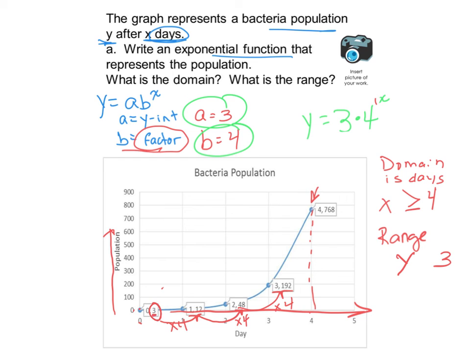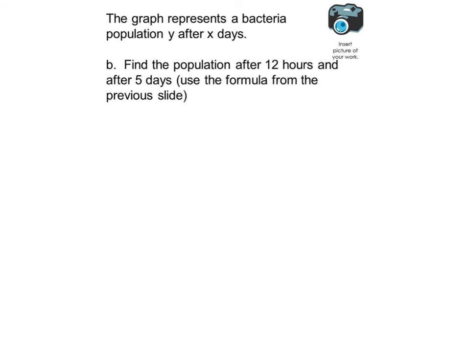So I see it is 3. So y is greater than or equal to 3. Your range is population. Population has to be greater than 0. And then I looked over here at 0 days. You start with 3. So y is greater than or equal to 3. Okay. So hopefully you understand why you have that as your domain and range. And that is not a 1 in front of it. That red one was a circle that I didn't get to erase.